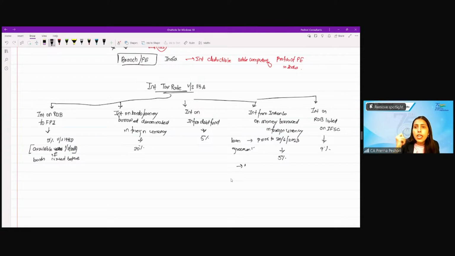Interest from the business trust. Interest of a business trust from an SPV which is distributed by the business trust to a non-resident, again, it will be 5%. And this is under section 194LC. This is also under section 194LC TDS.